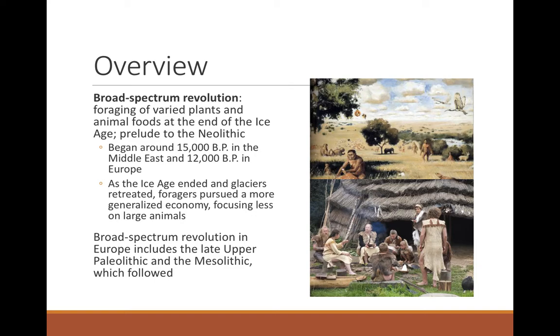Prior to this point, as nomads, we were big game hunters. We were going after what we call megafauna, really large animals, the mammoths, the mastodons, cave bears, saber-toothed cats, etc. After the broad spectrum revolution, we've got animals like deer, like rodents and lagomorphs, rabbits.